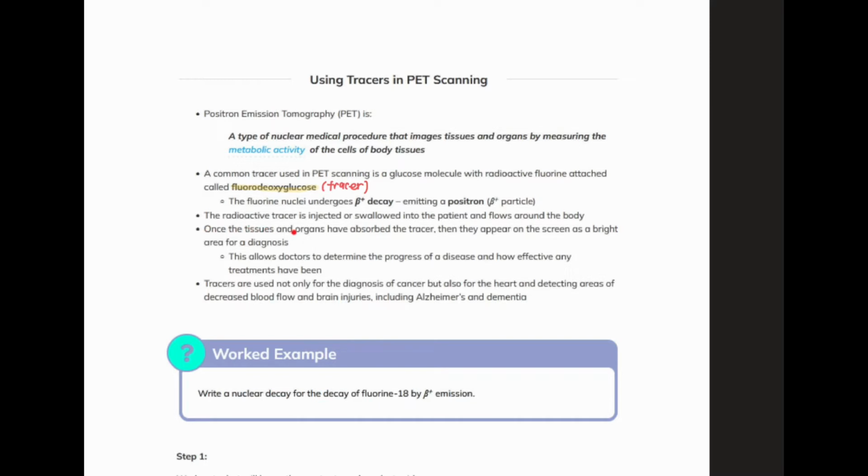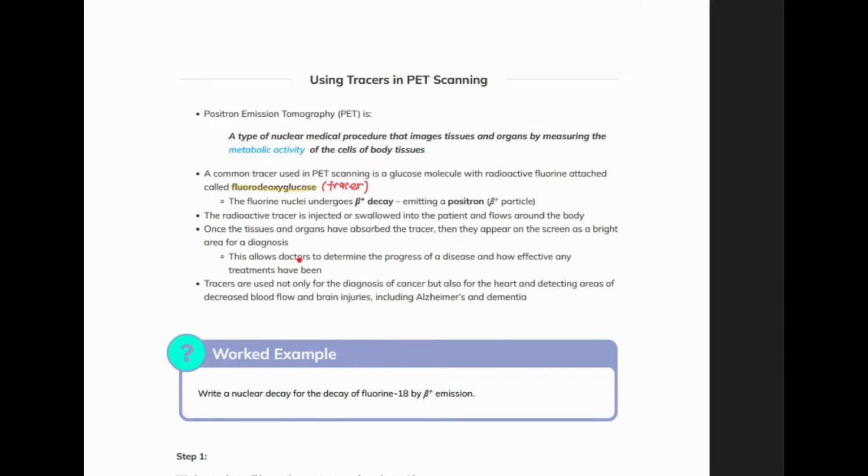Once the tissue and organs have absorbed the tracer, they appear on the screen as a bright area for a diagnosis. So that means it is detected by the machines.